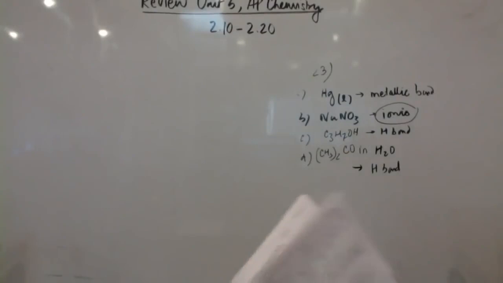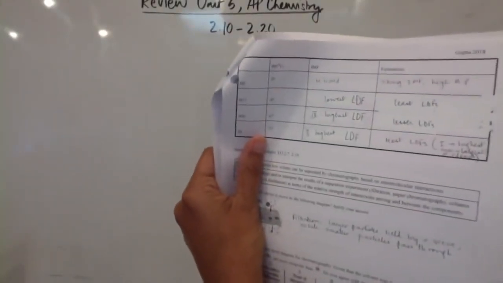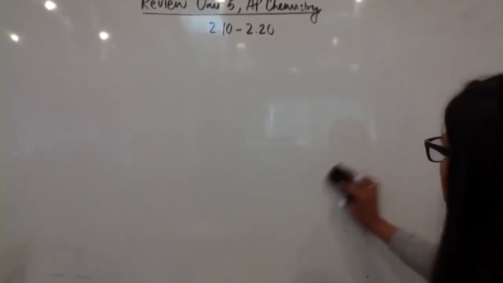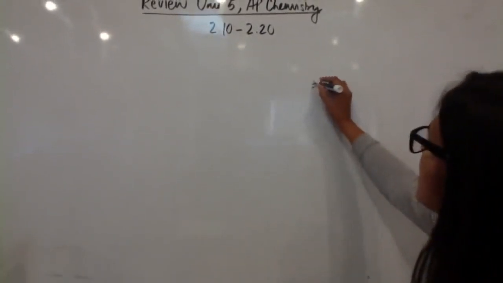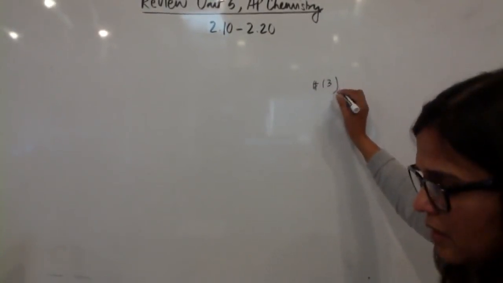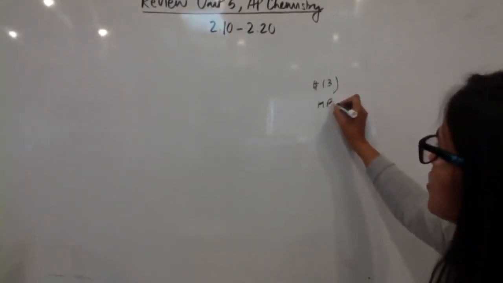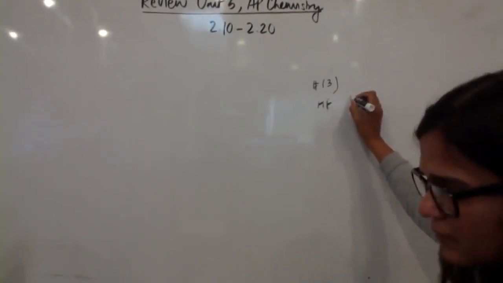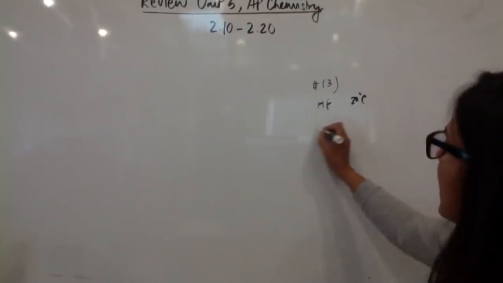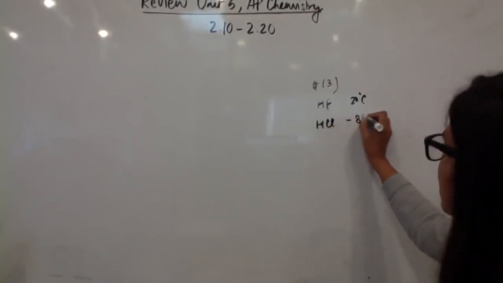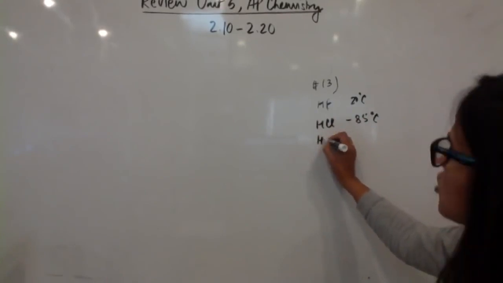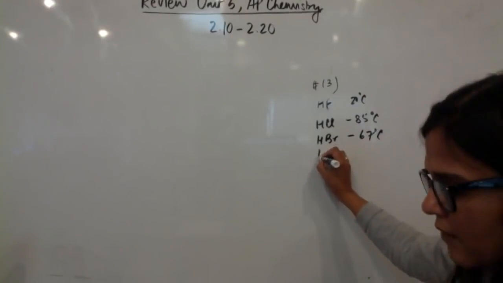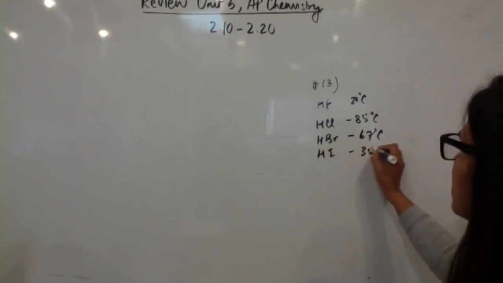So in number 13, there is this table, and you have HF, who is 20 degrees, and HCl is negative 85, and HBr is negative 67, and you have HI as negative 35.